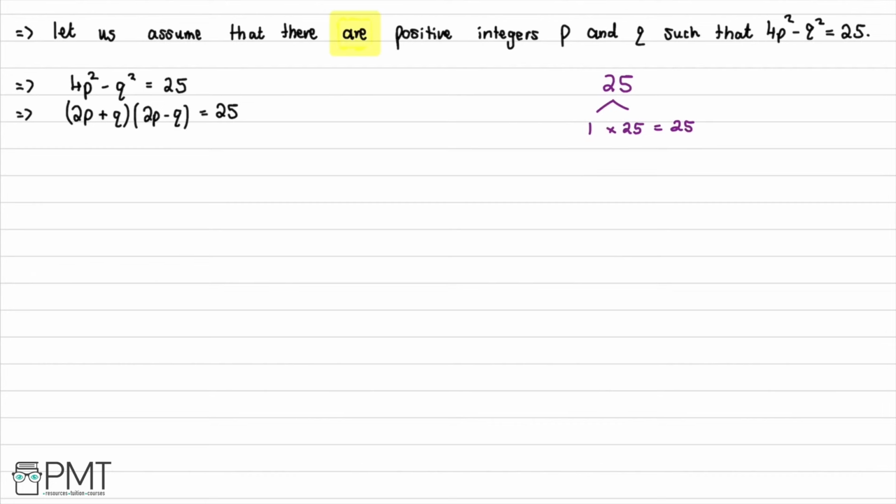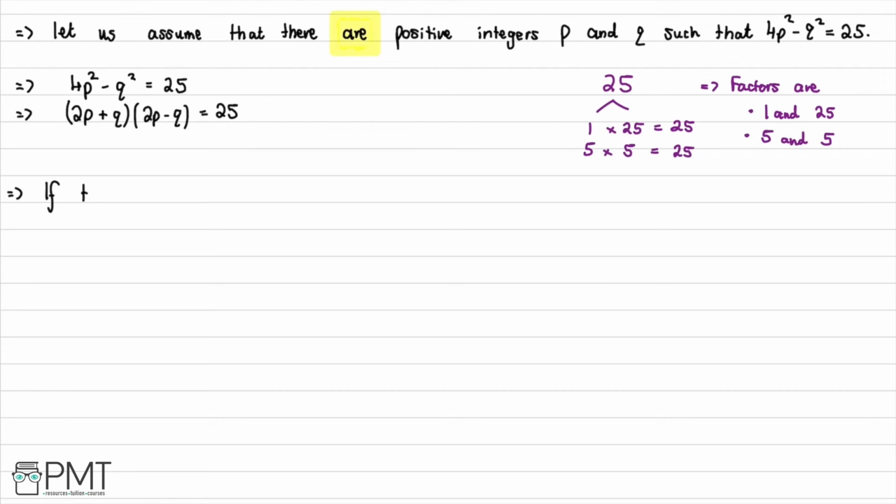Then 2, 3 and 4 don't go into 25, but 5 times 5 is equal to 25. So our factors are going to be 1 and 25, and we also have 5 and 5.